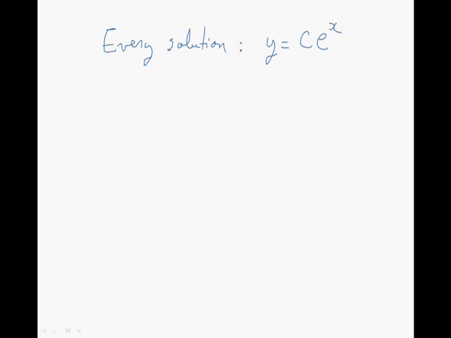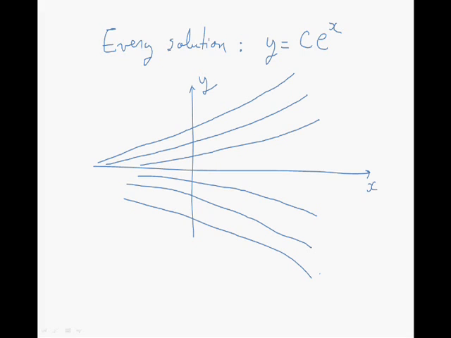So what we have are different curves for different values of c. For instance, this curve here, the value of c could be equal to -1. This one here, -1/2, -1/4, and above the x-axis, c is equal to 1/4, 1/2, and 1.